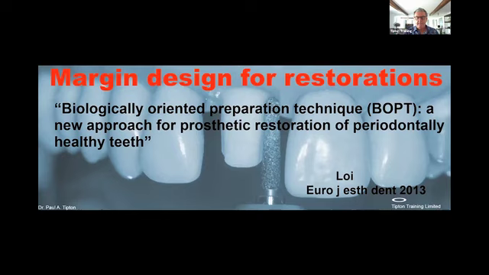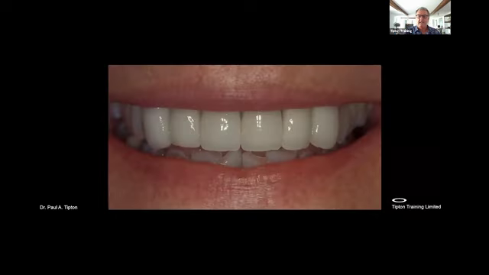So this paper came out in 2013, and it also looked at some of the soft tissue aspects of using these vertical preparations. So although the paper does not talk about it, it talks about the biologically orientated preparation technique, BOPT. It uses a vertical margin in its preparations.